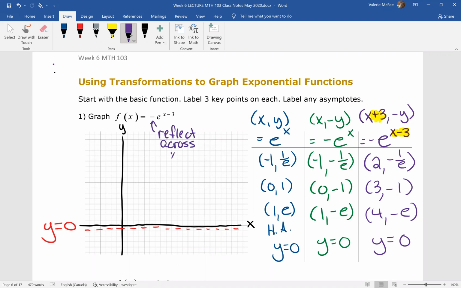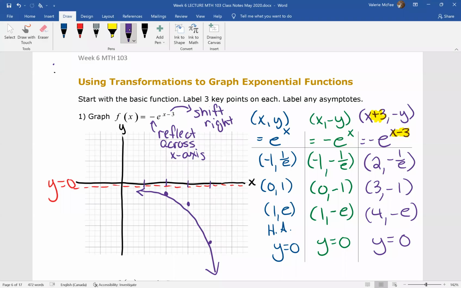Oh, I might want to move my x-axis up a bit. This -3 moved it 3 units to the right. So we can see that reflection across the x-axis, we can see the shift 3 units to the right.